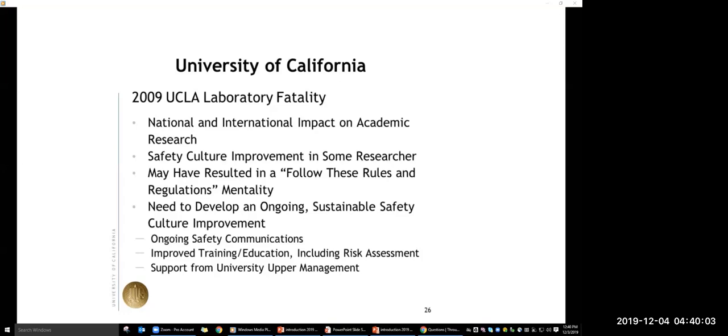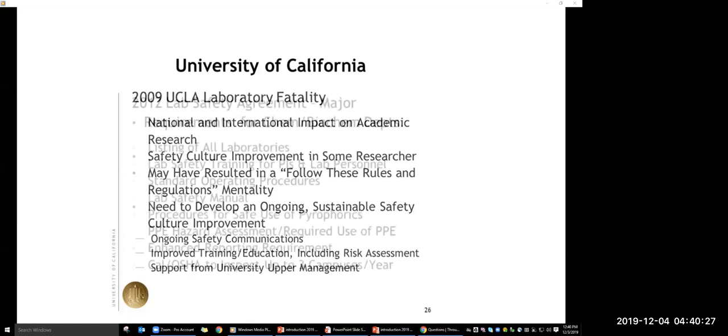However, some of the changes pushed laboratory safety toward a "follow these rules and regulations" mentality rather than improving the safety culture by having open communications regarding safety concerns and improving safety training and education, which would include risk assessment and strong support from university management.